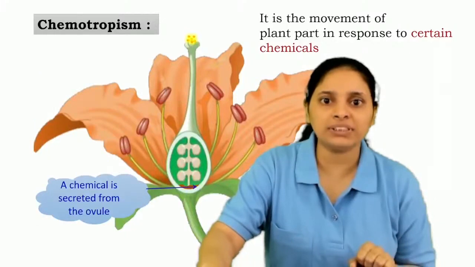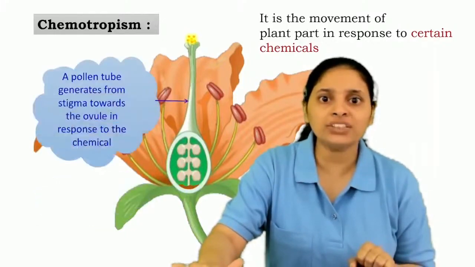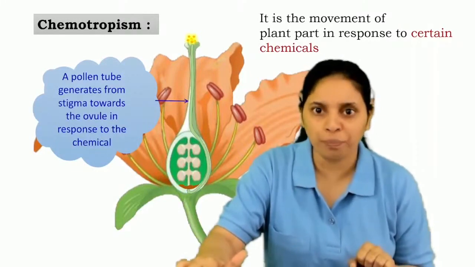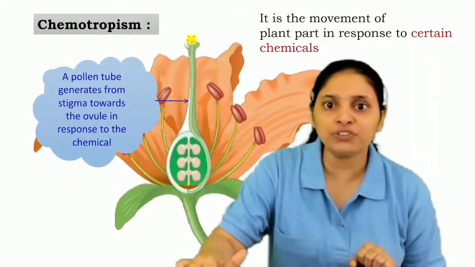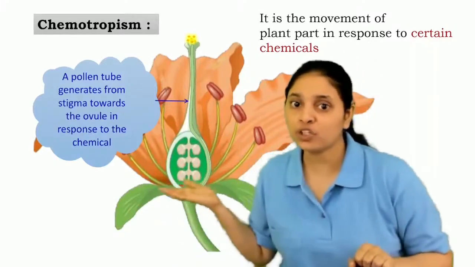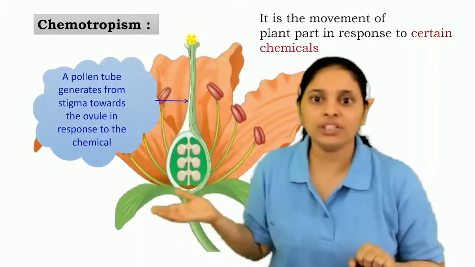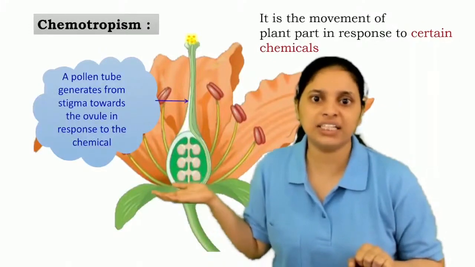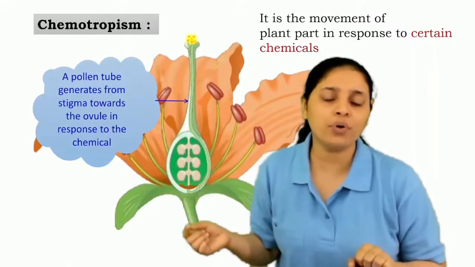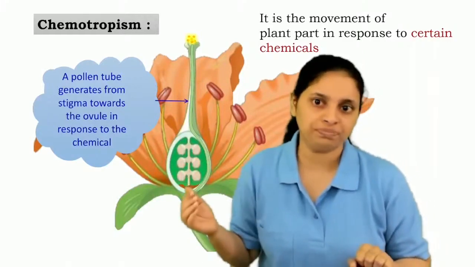Can you see? Look at this once again. A tube-like structure grows, which is known as pollen tube. So pollen tube generates from the stigma towards the ovule, because ovules inside the ovary have released the chemicals. So in response to these chemicals released by the ovary, a thin tube-like structure called pollen tube is grown.